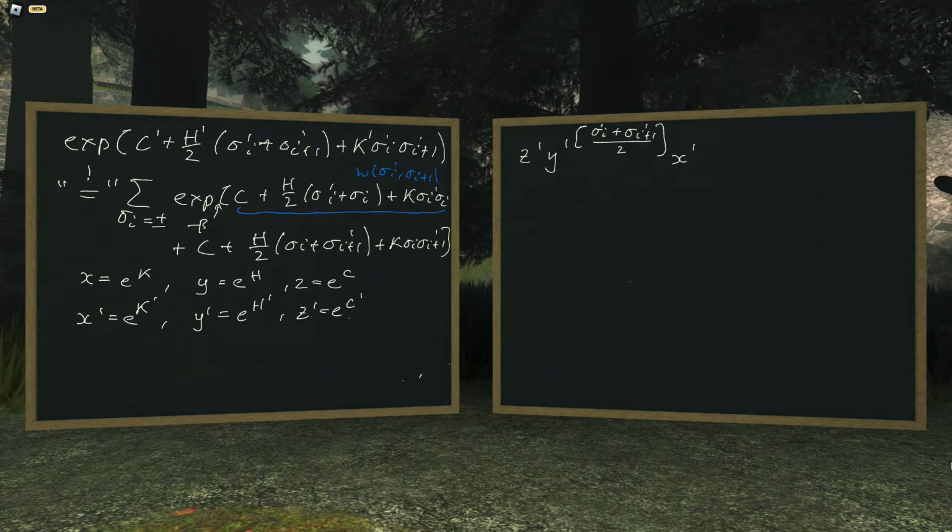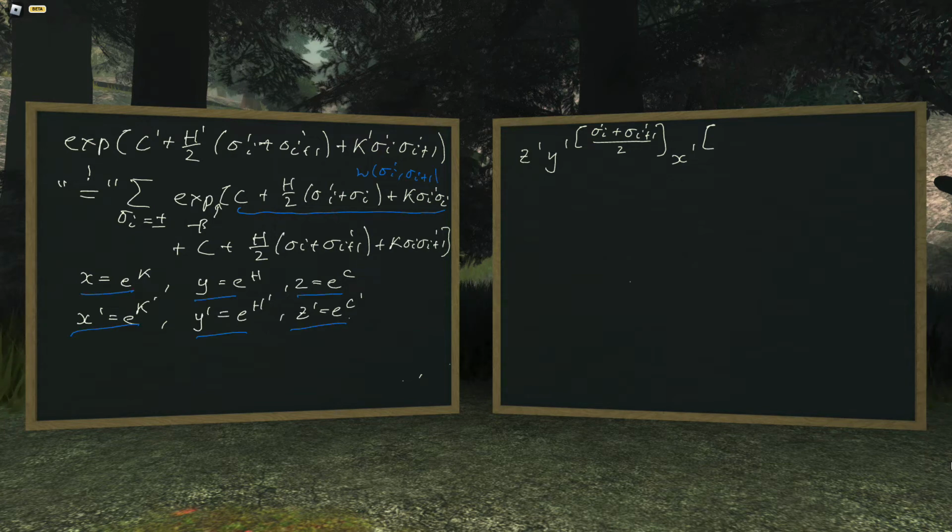Wait, where did the h prime come from? I don't know what this expression is. What are you writing down right now? On the right-hand side, I defined these new variables.